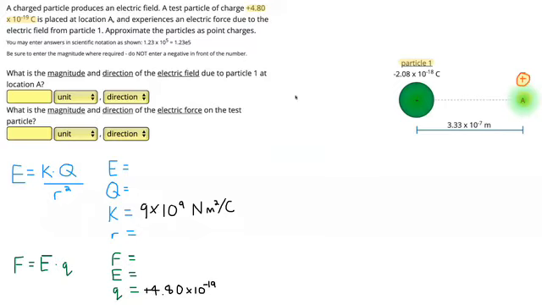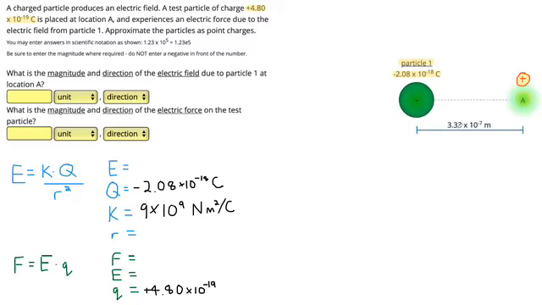Okay, it tells us that that particle experiences an electric force due to the electric field from particle 1. We also are given information in the question. Here we've got the charge on particle 1, which we can fill in. That's the uppercase Q. It's negative 2.08 times 10 to the negative 18 coulombs.